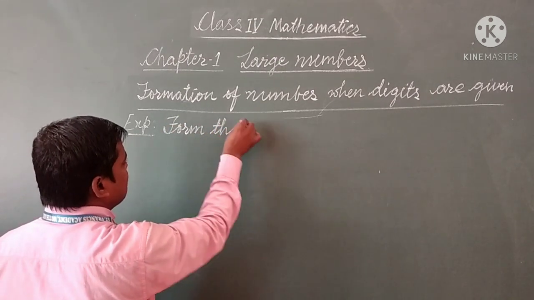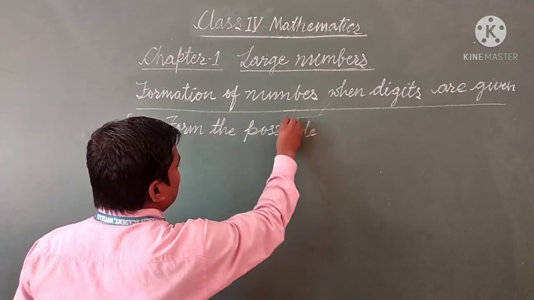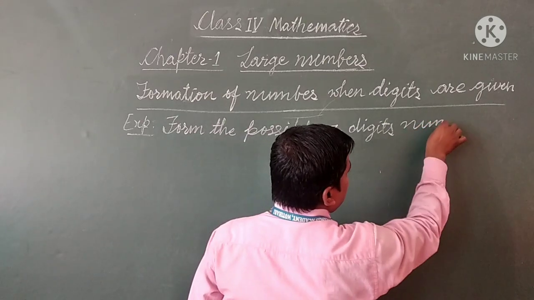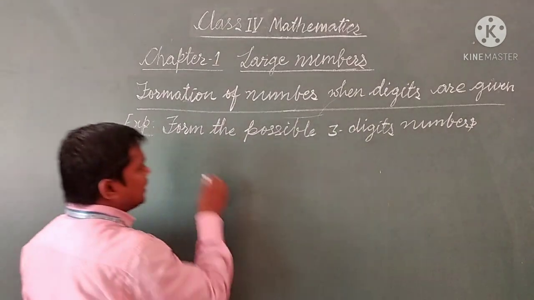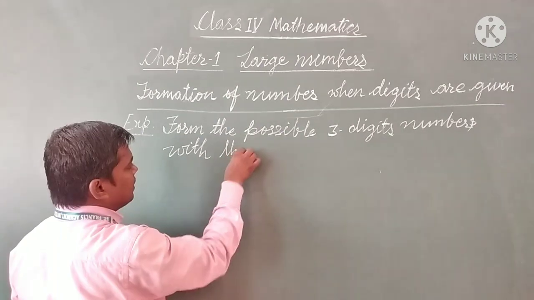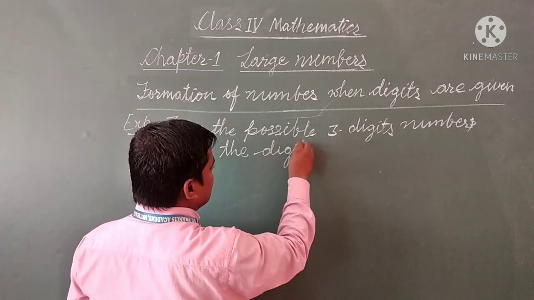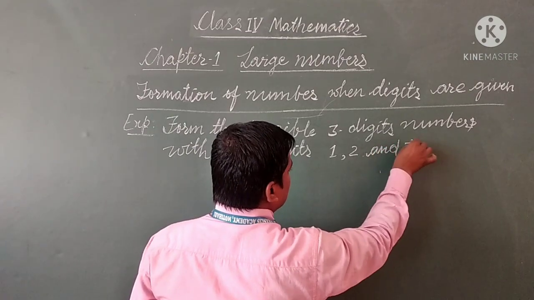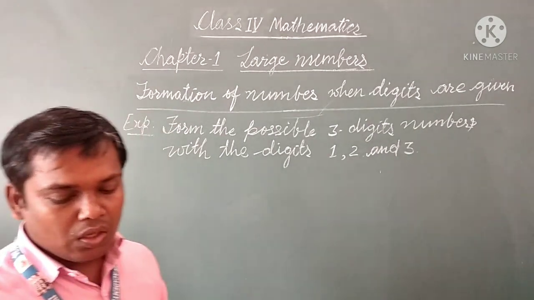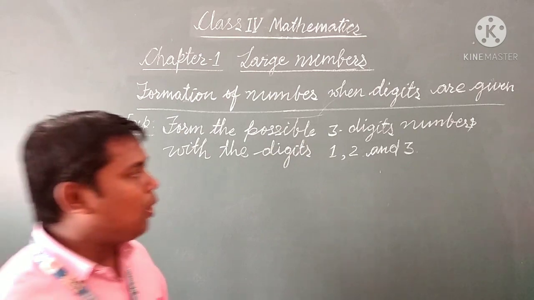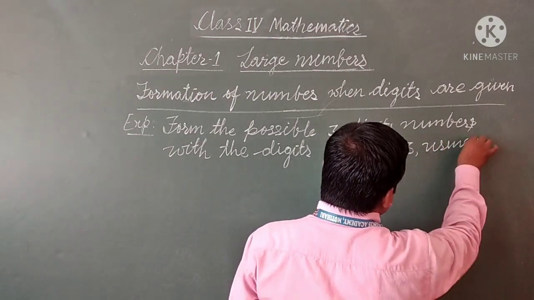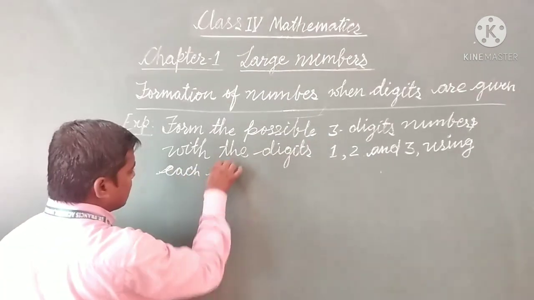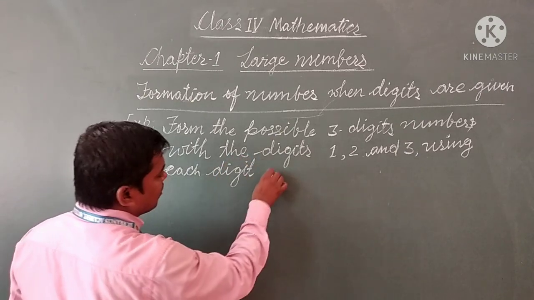Form the possible 3-digit numbers with the digits 1, 2 and 3, using each digit only once.